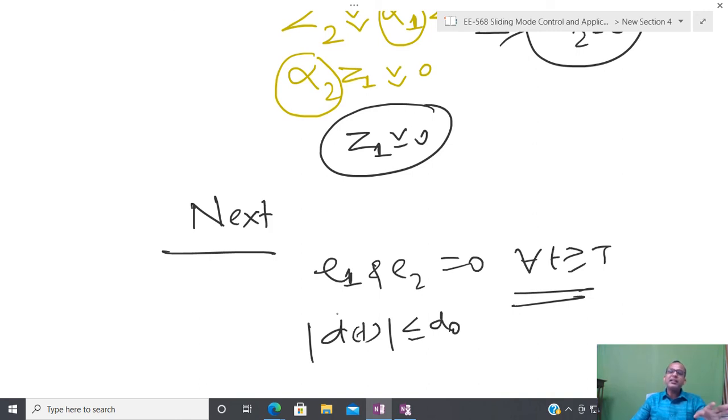Due to that reason, we have defined another observer, called the high gain observer. But again, I have one difficulty: I cannot track the time, at what moment I can say that the observer dynamics and the real dynamics are exactly equal.